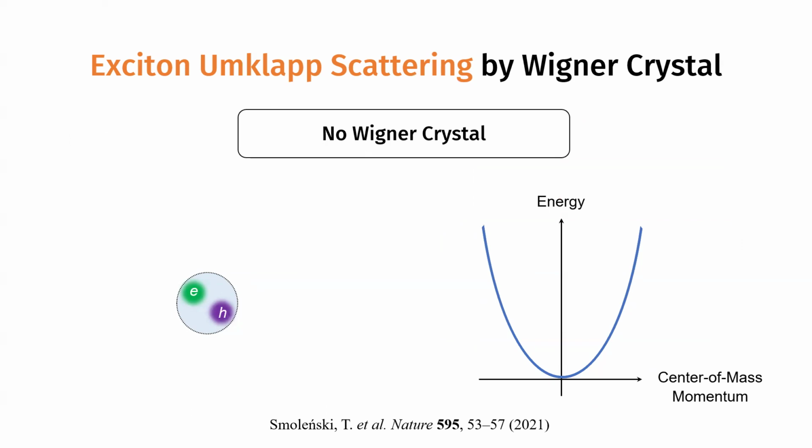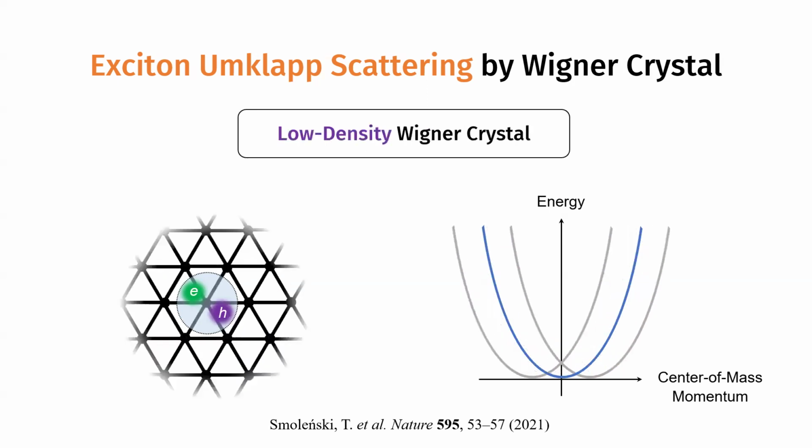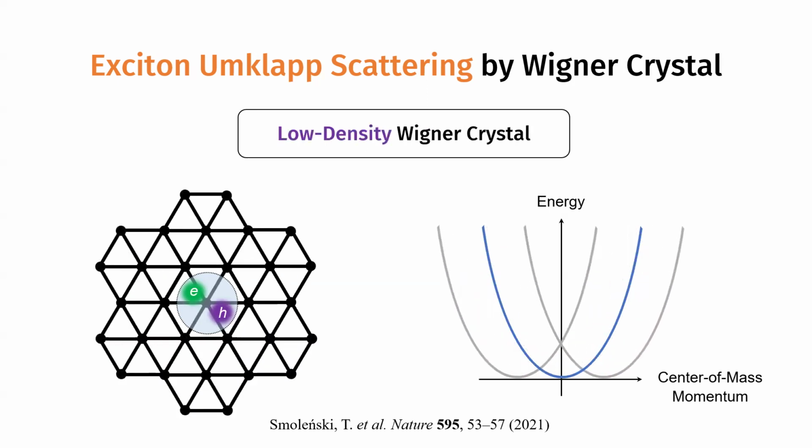So to further explain this, if we add a Wigner crystal to the exciton's environment, shown on the left here, the added periodicity again causes a zone folding effect that modifies the originally parabolic band, this blue one here, and it adjusts it in such a way that the surrounding gray bands, they are acting more as a pictorial way of representing zone folding, but in reality, the Brillouin zone is being folded back at the momentum values where the gray and the blue parabolas intersect.